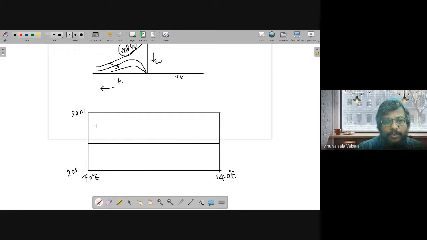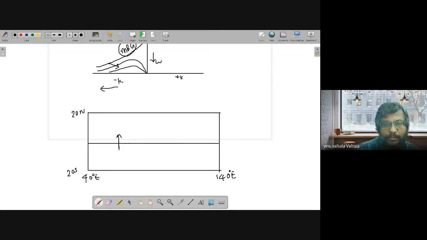Suppose you are forcing the ocean. In the previous example we considered forcing the ocean in the zonal direction. Our forcing we kept at some place here as the wind forcing. Then we studied Kelvin, Rossby, and all very beautifully. But today, suppose you give a forcing in the meridional direction, what would happen?